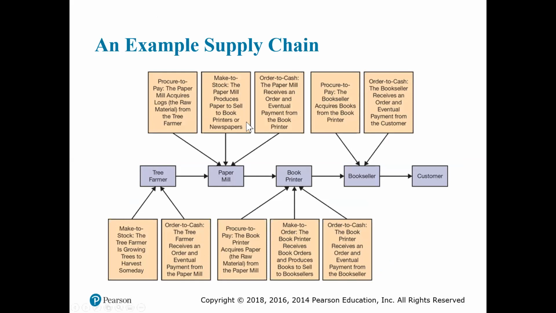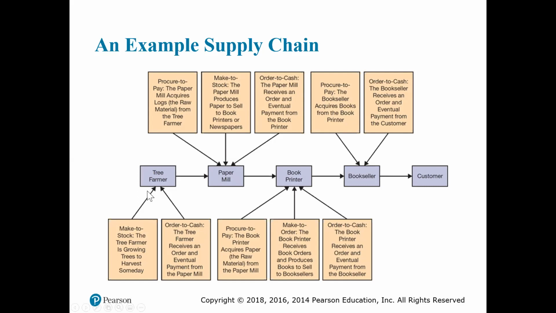This diagram shows the supply chain of book, which is comprised of several organizational value chains feeding into each other with business process until the book reaches the final end customer. The supply chain starts with the tree farmer.